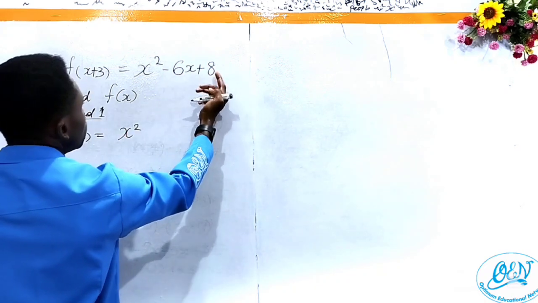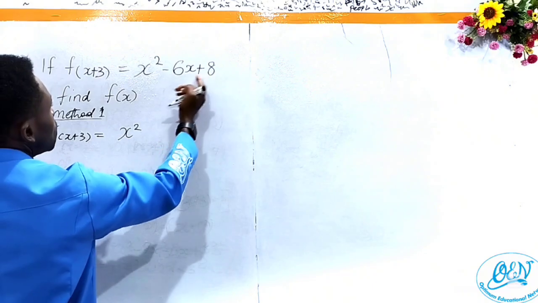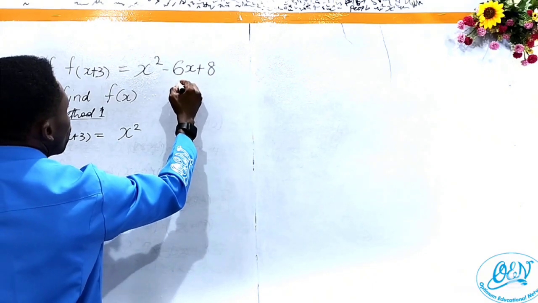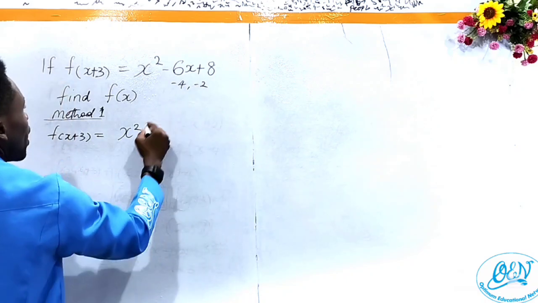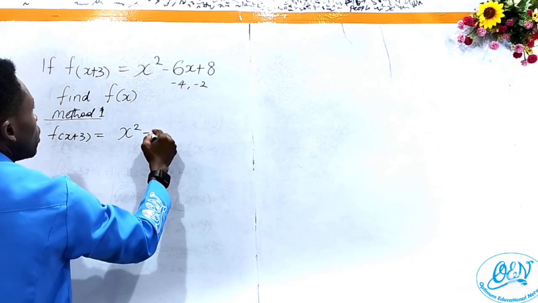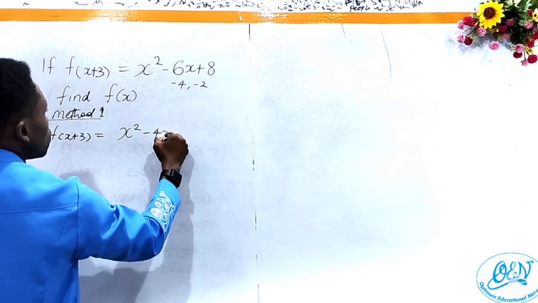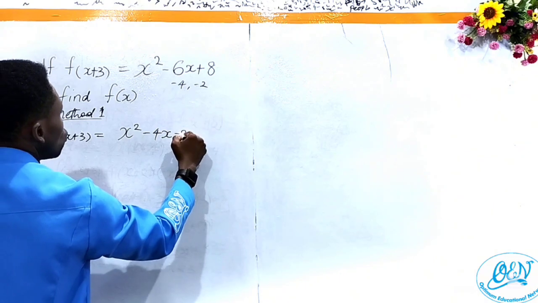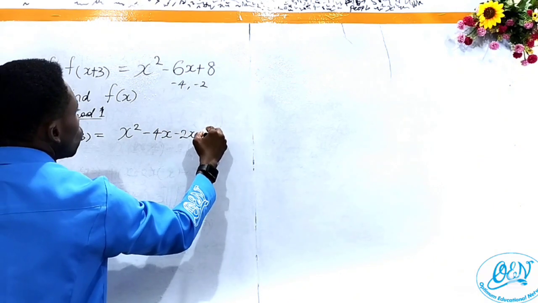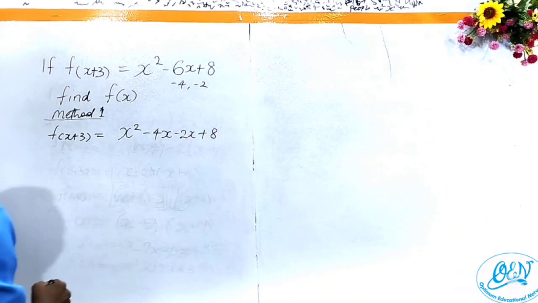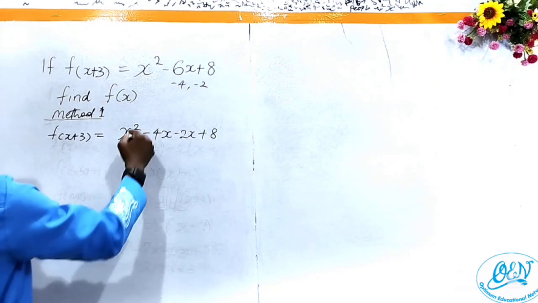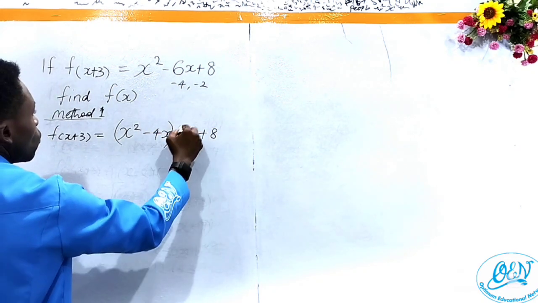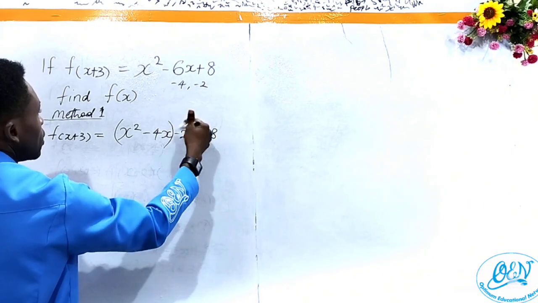Now what are the factors of this that will sum up to this? We'll have minus 4 and minus 2. We can have x squared minus 4x minus 2x plus 8. Yes, because minus 4x minus 2x will give us minus 6x. So now we introduce our bracket.